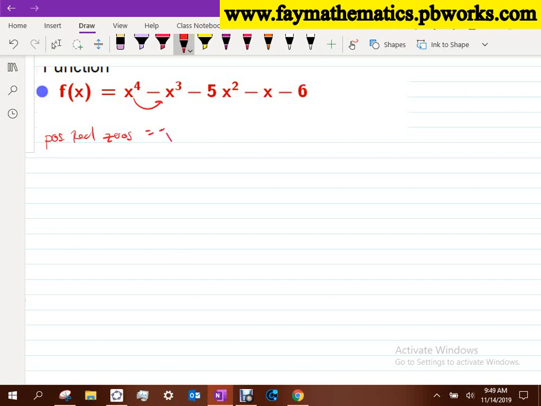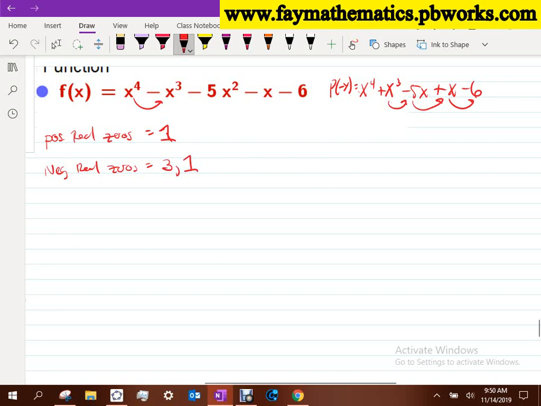Then if we go to negative real zeros, this would still be x to the fourth, so p of negative x will be x to the fourth plus x cubed minus 5x squared plus x minus 6, right? So one sign change, two sign changes, three sign changes, right? So we have 3 or 1.